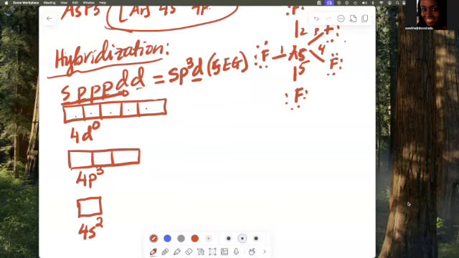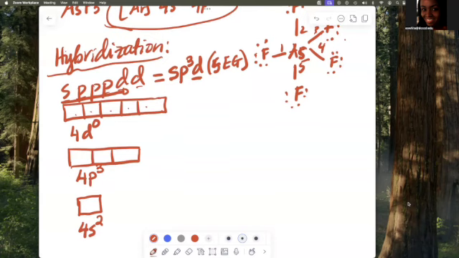Wait, let me place the electrons first. Up, down, 2 electrons, and up, up, up, 3 electrons. The energy goes from low to high, with 4s lower in energy than 4p and then 4d, so 4d is the highest in energy, right?